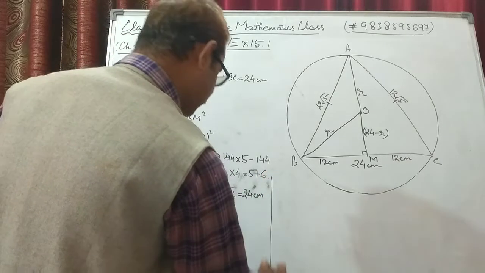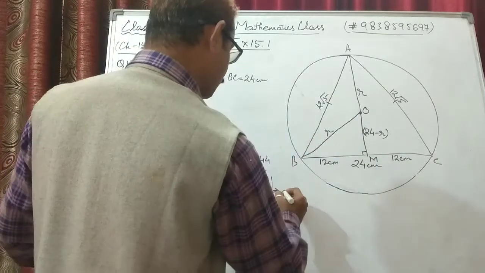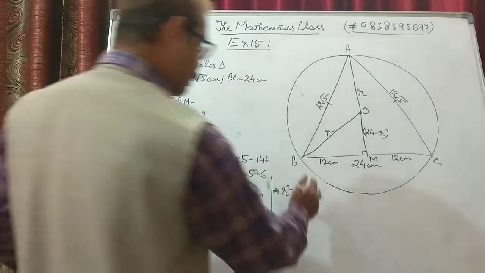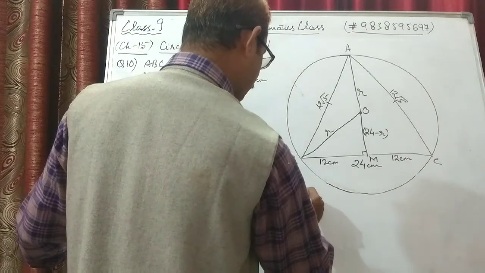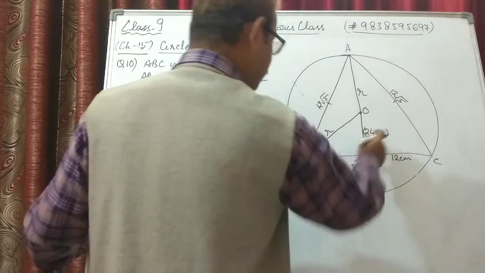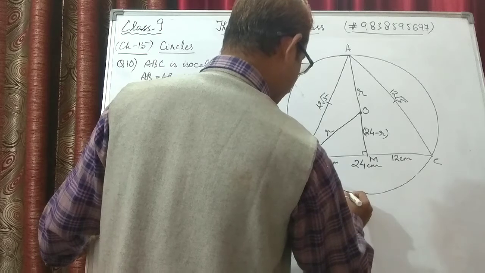Now, in this we can say OB is R, so R square is equal to BM. BM is 12, so 12 square plus OM. OM is 24 minus R and whole square.